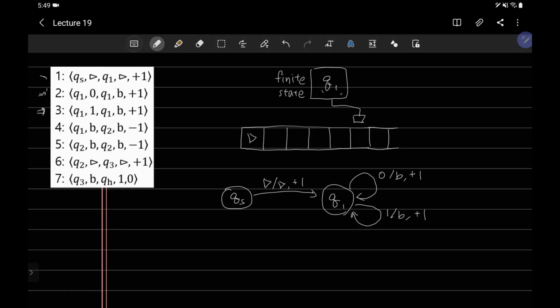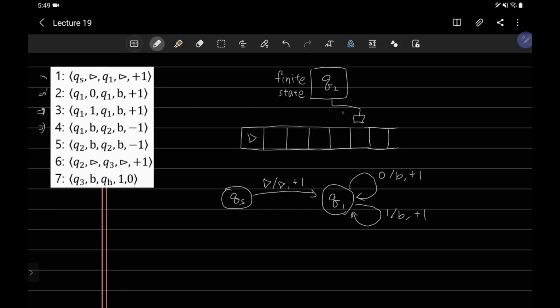And now what happens is the state is still Q1, but the value read by the head is now blank. So that corresponds to the fourth line here. And now the state will be updated to Q sub 2, and the value here will still be blank.